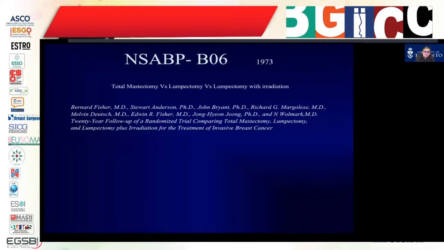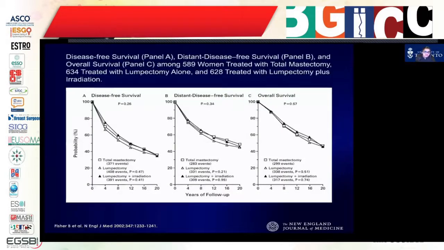The second study, the 06 study, again showed the importance of adjuvant radiation. Here you can see that they looked at three different aspects: disease-free survival, distant disease-free survival, and overall survival. They showed the same thing, that for women who have lumpectomy and irradiation versus mastectomy, there is really no difference in the outcomes.